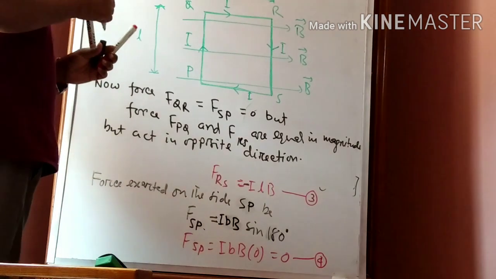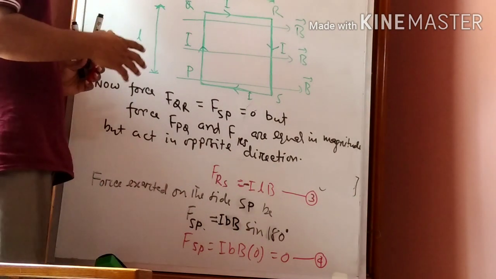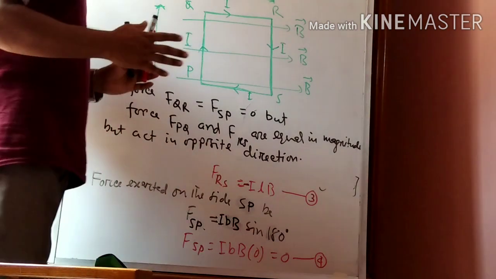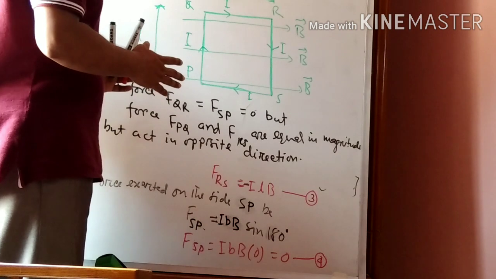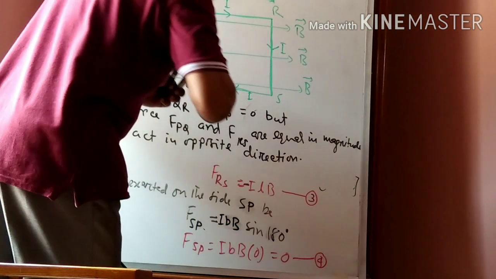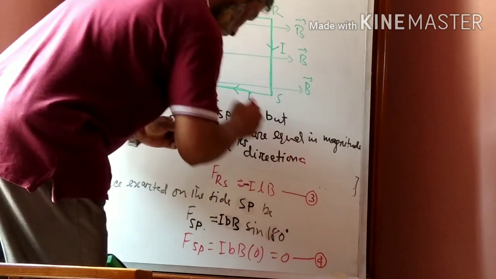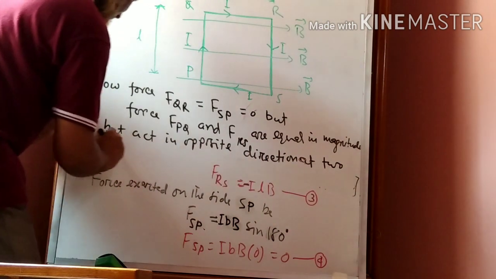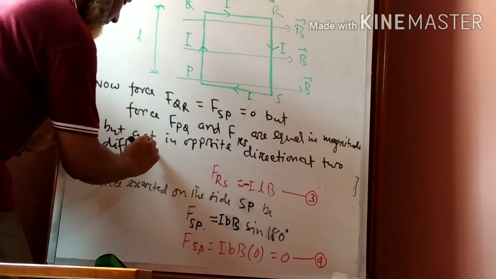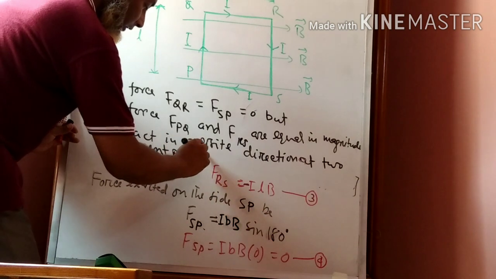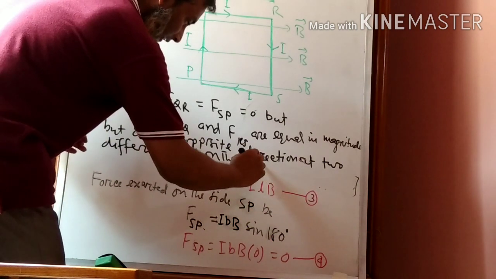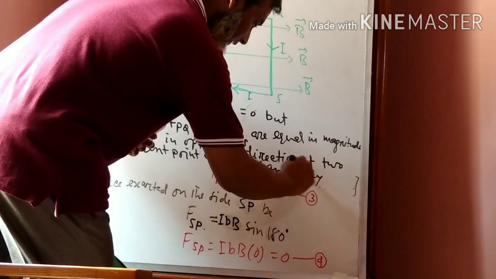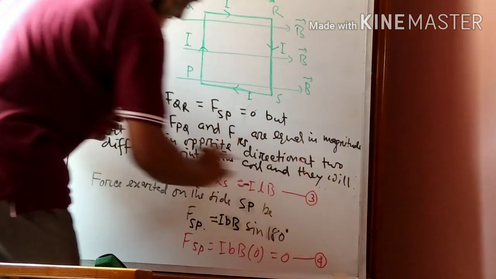We know when two equal and opposite forces act at two different points on a body, then they produce a torque. So they act in opposite direction at two different points on the coil, and they will produce torque.